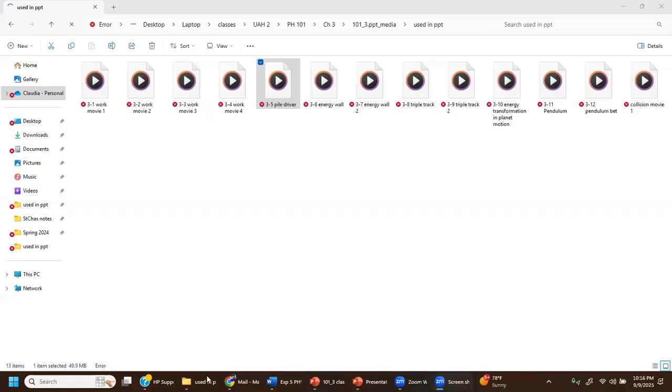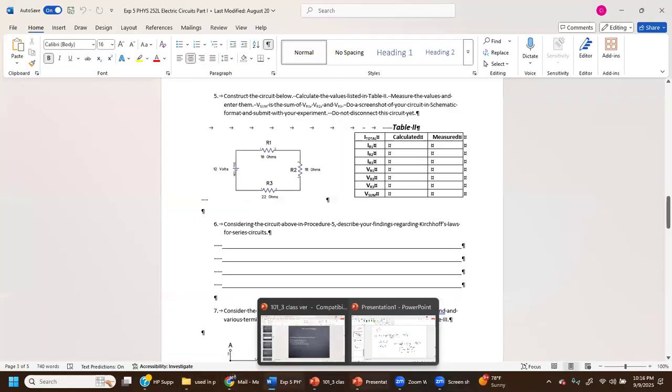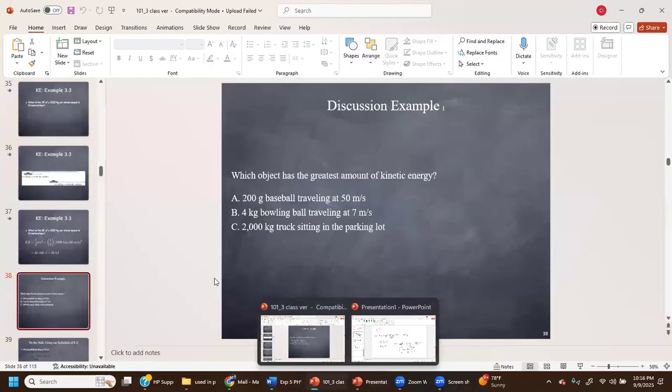So basically, the act of the hammer going down is creating the work. You're going from a force down to a distance.